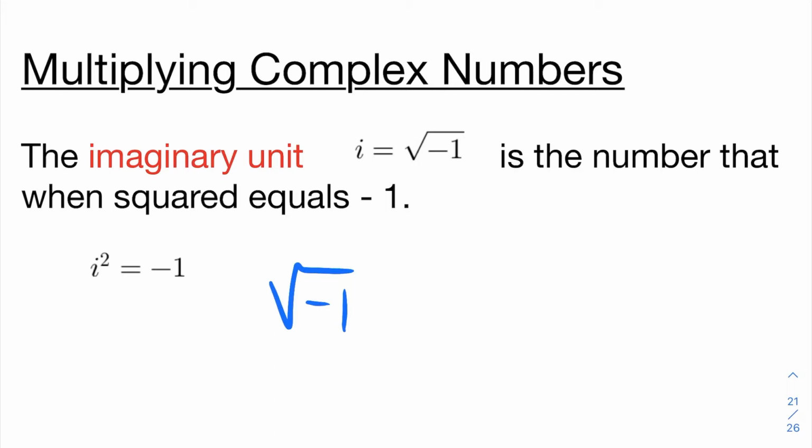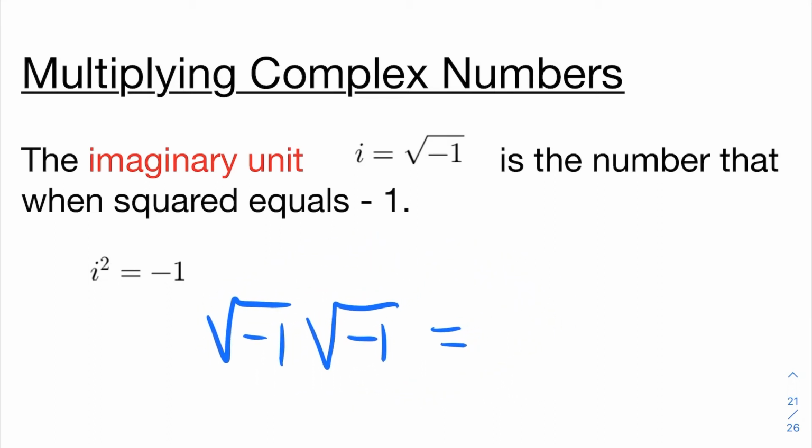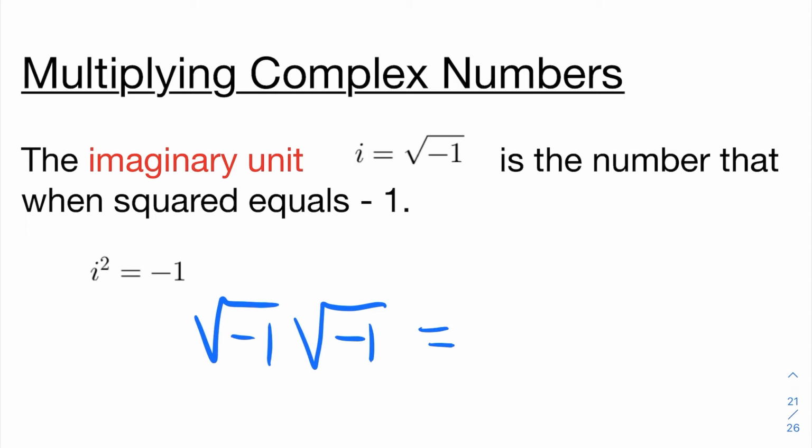So the square root of -1 is the number that when you multiply it by itself, you get -1 as the result. So we already know that we should get -1 as the result. Let's see what happens if we use the rule that we know for real numbers.